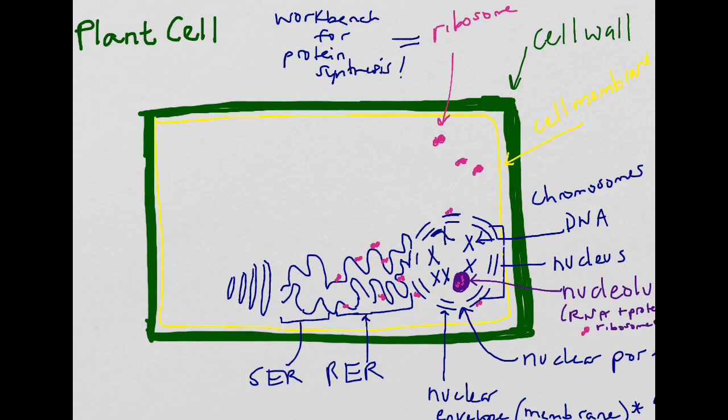And you'll hear this referred to as Golgi, Golgi body, Golgi apparatus, Golgi complex. I'm going to label them Golgi because it's easy. And our Golgi, remember, that's our post office, or UPS, whichever you prefer. They're going to package and ship products made in the SER and RER.